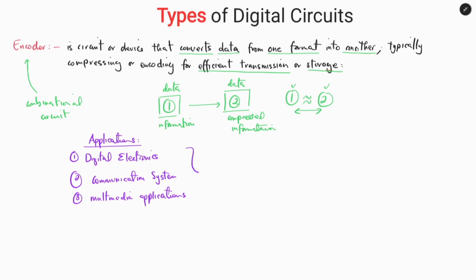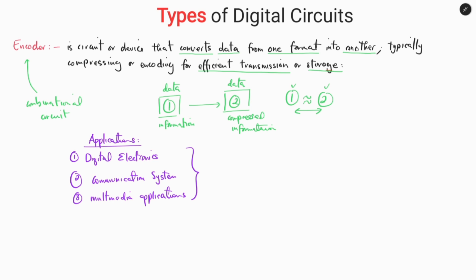So we can appreciate that those applications are embedded in an electrical circuit, like digital electronics comprises an electrical circuit, a communication system comprises an electrical circuit, and multimedia application.